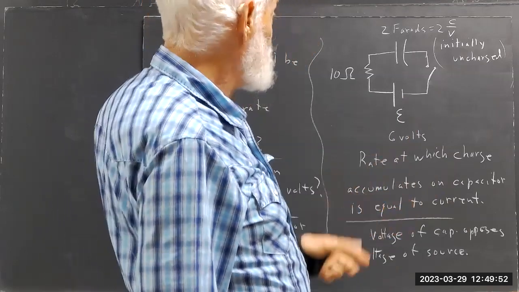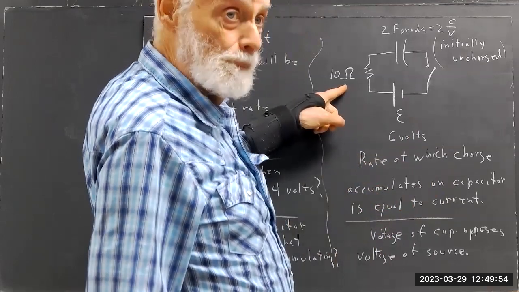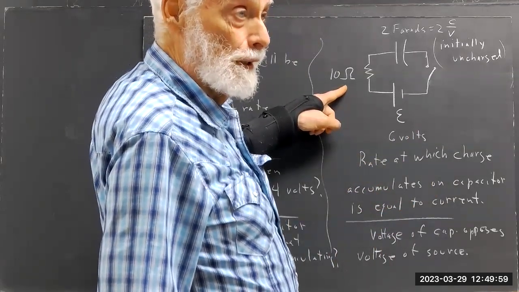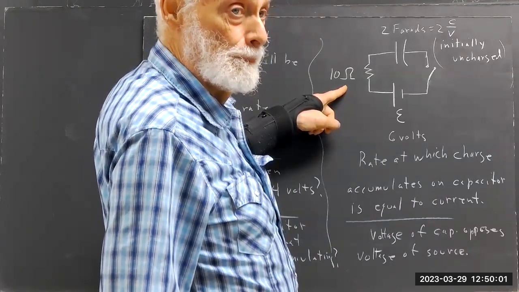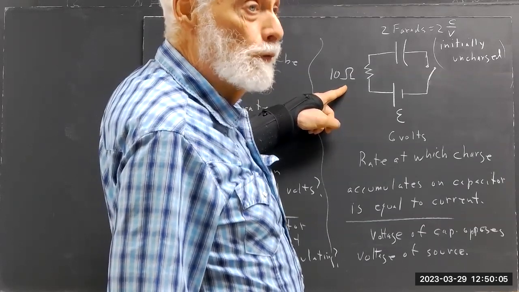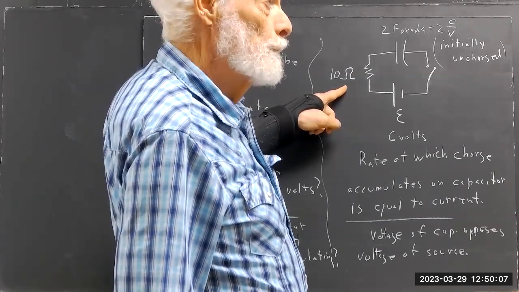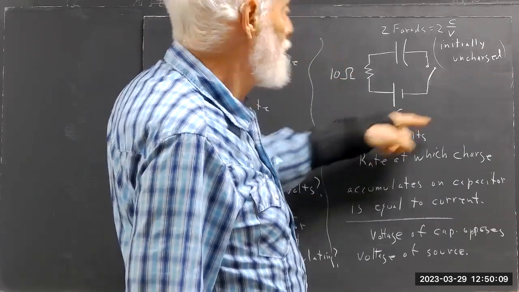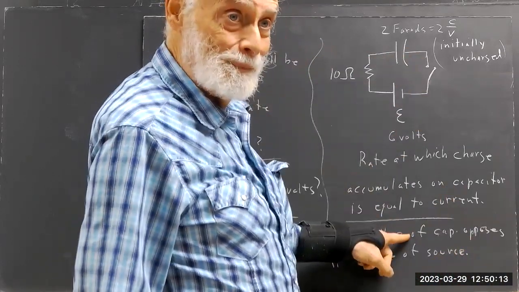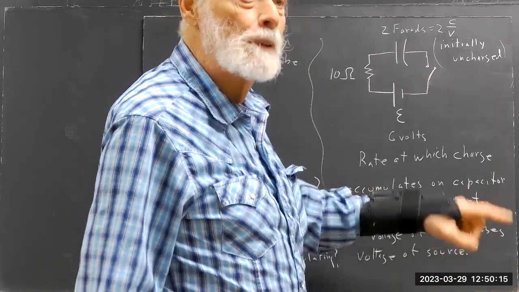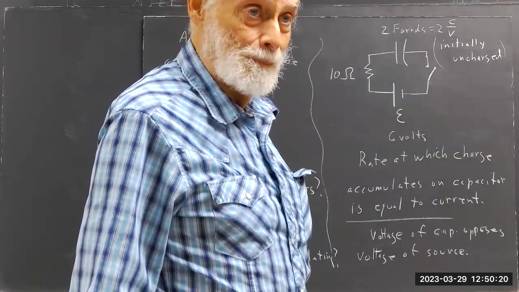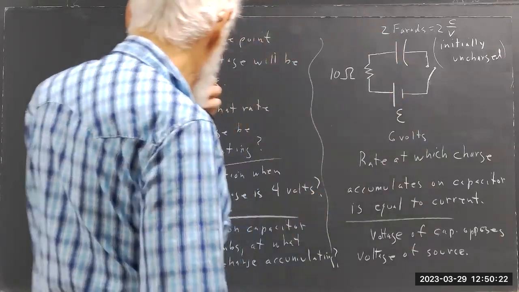Now the answer to the question is you get a net of 4 volts across here, and we're going to work that out very carefully to make sure we're right. That gives you 0.4 amps. 0.4 amps is 0.4 coulombs per second, and that is the rate at which charge is being accumulated in the capacitor. Current is coulombs per second. That's the rate of charge accumulation on the capacitor.